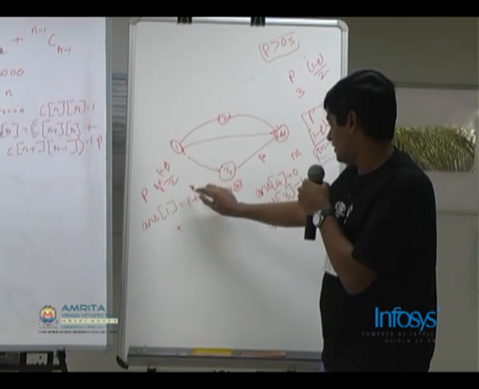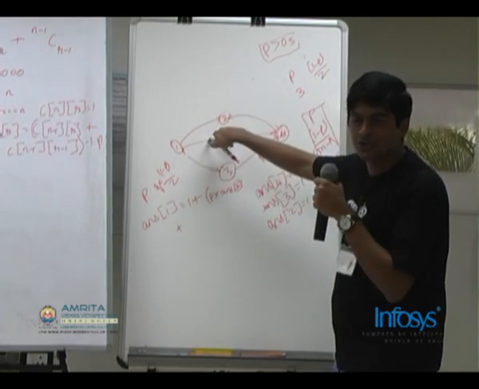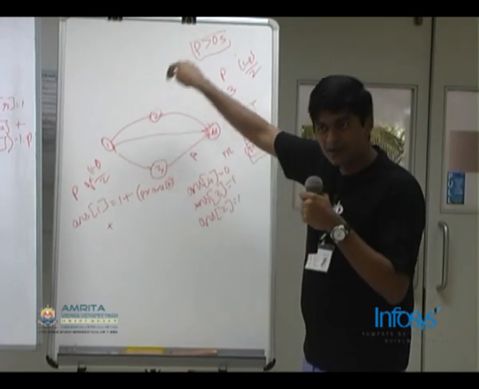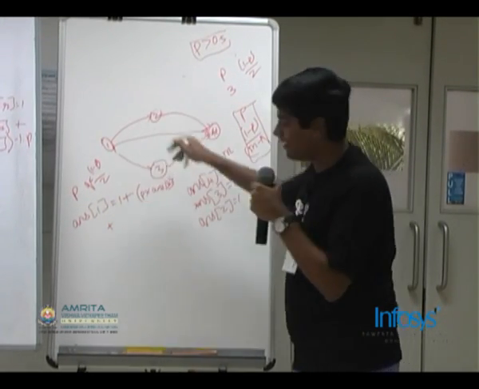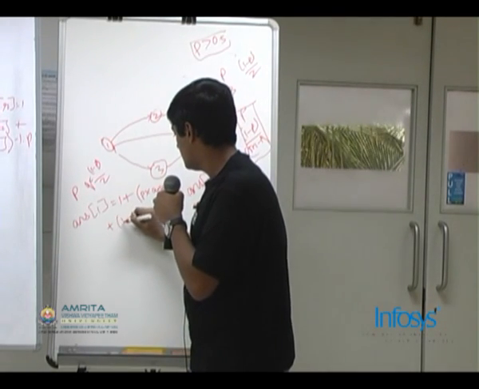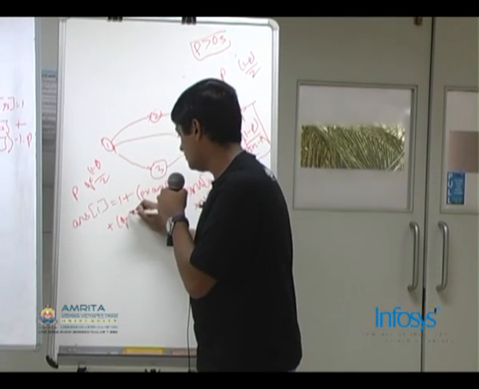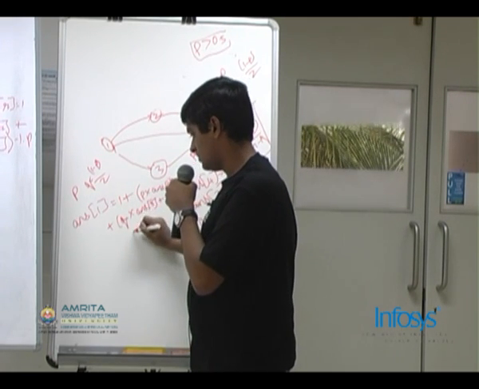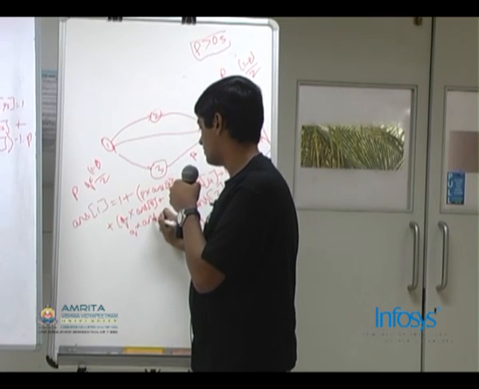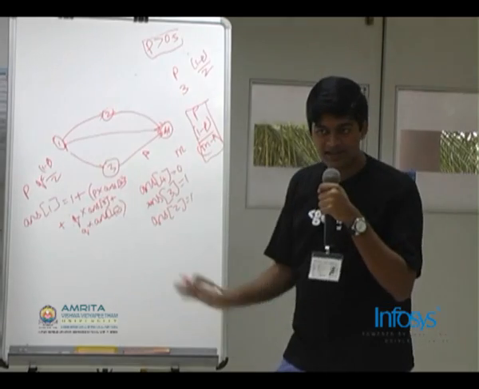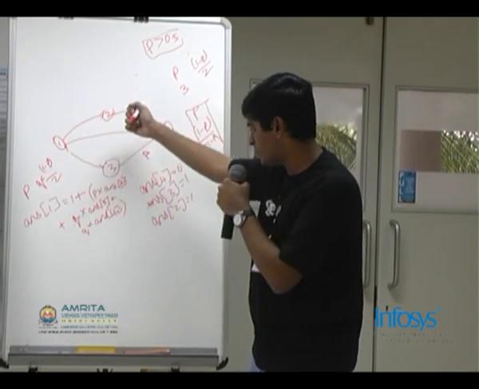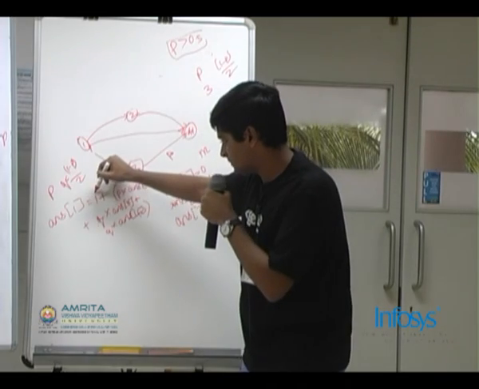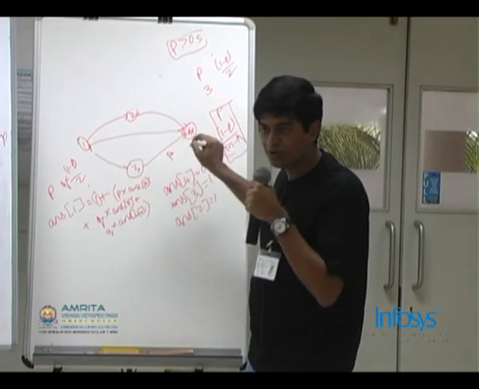So 1 plus, if you choose this edge 1, 2, it will be p into answer of 2, because you have already computed the answer for 2, plus q into answer of 3 plus q into answer of 4. I will explain again. If you choose the edge 1, 2, you will reach 2 with a probability of p. First, the explanation for this 1 is that you will surely have to take 1 edge.